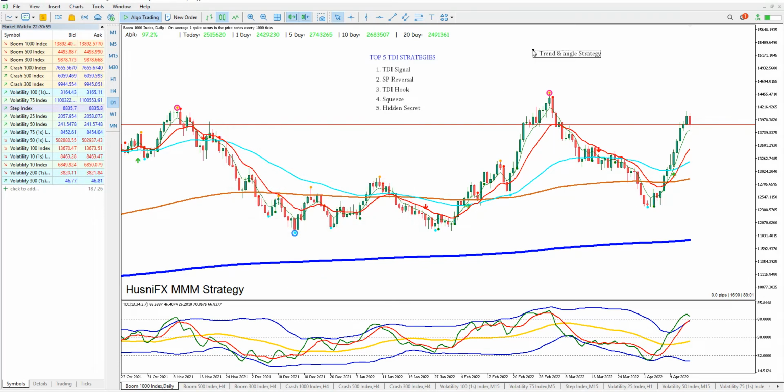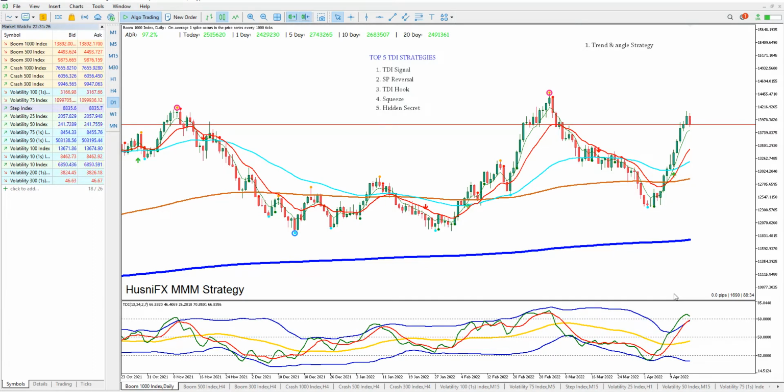When I say TDI, it means the TDI signal. We are following the trend and finding angle strategies. The beauty of the TDI is its simplicity in plotting the direction of market sentiment in relation to price action.